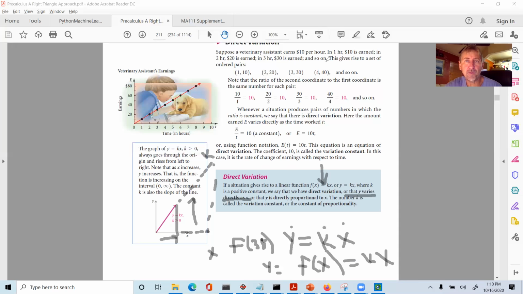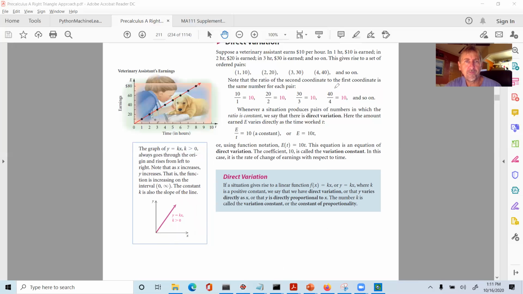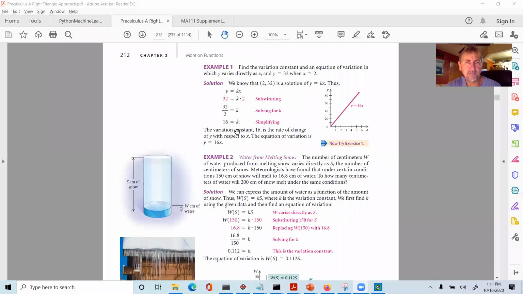It always sets up an equation that looks like y equals kx. All right, we did these two equations last time. Again, what does it say? The centimeters of water varies directly as s. So this is direct variation.